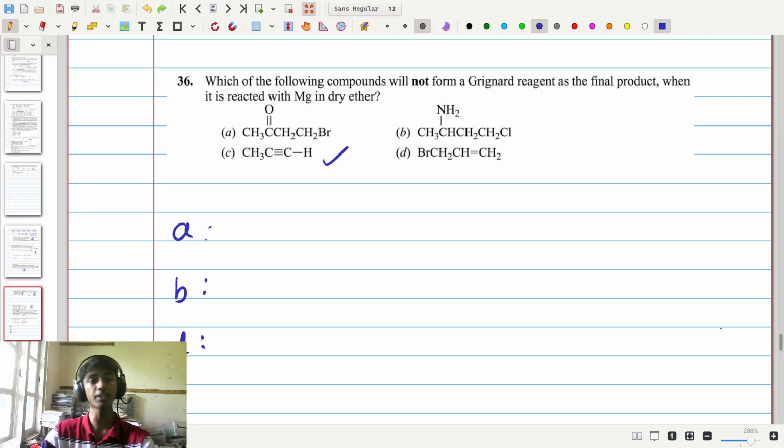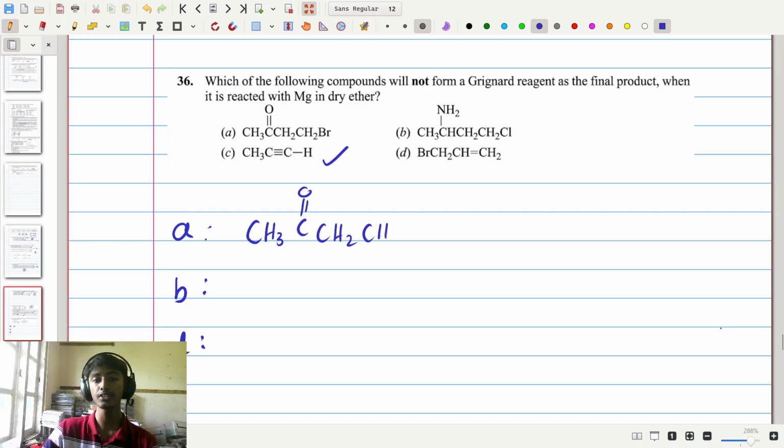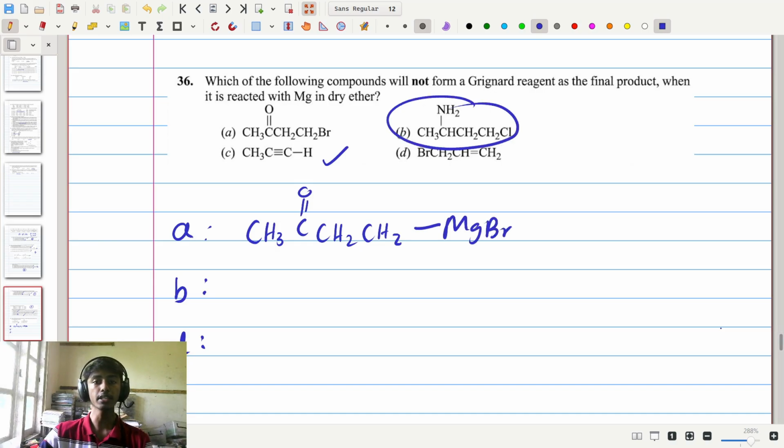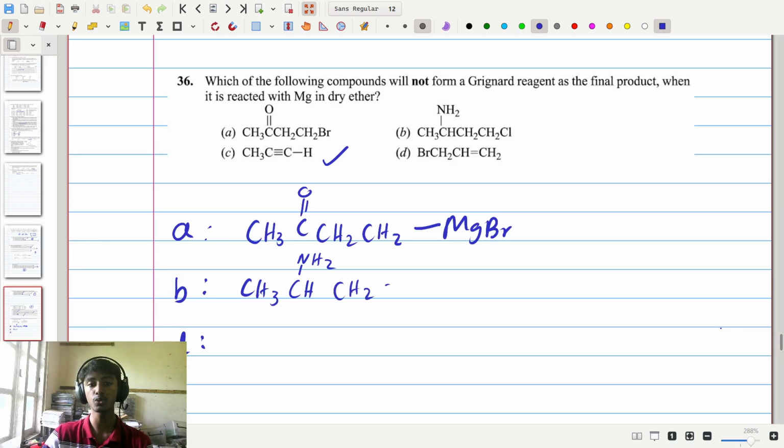According to this, if we take A first, A will create a Grignard reagent CH3, C double bond O, CH2, CH2, and instead of Br, we'll have MgBr. Similarly for B, we'll have CH3, actually not CH2, it's just CH, NH2, CH2, CH2, and instead of chlorine here, we'll have MgCl.